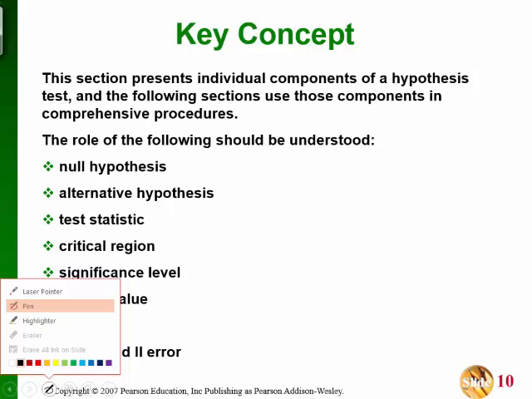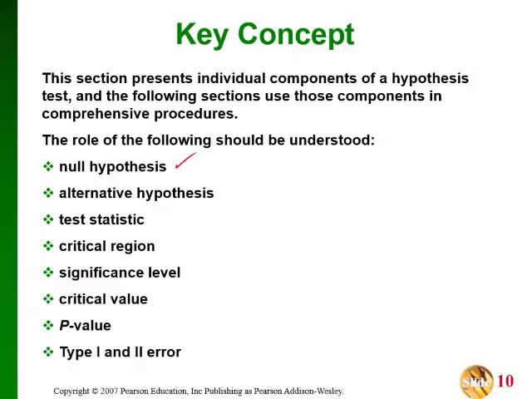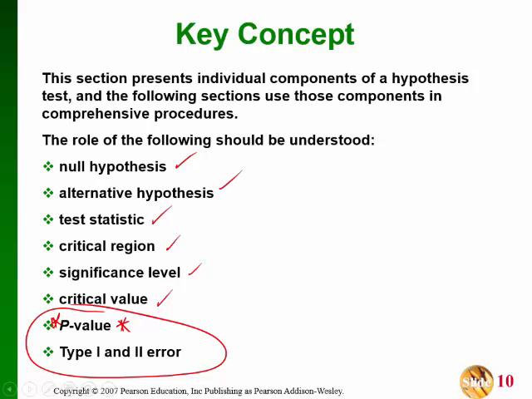But now that we have seen a little bit of this, you know about the null and alternative hypotheses, the test statistic, the critical region, significance level, the critical value. Now there's a couple of things left for us to uncover. This definition is going to be important for us, and it's more popularly used in statistical studies.